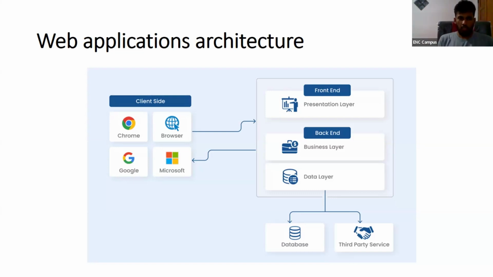That means we can clearly see there are two things: the user interfaces, which we call the front end, and the back end logic. So in this other architecture, we separate them into two, front end and back end, right?